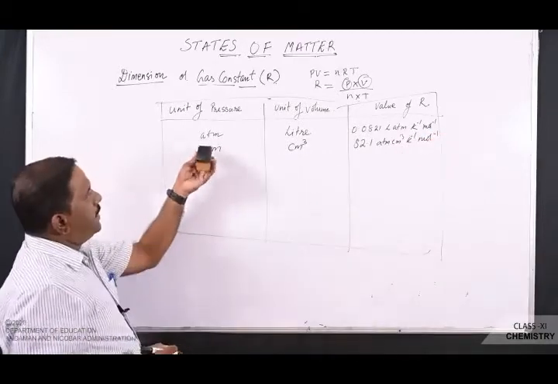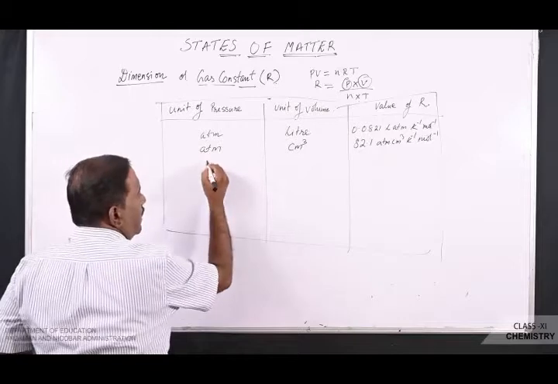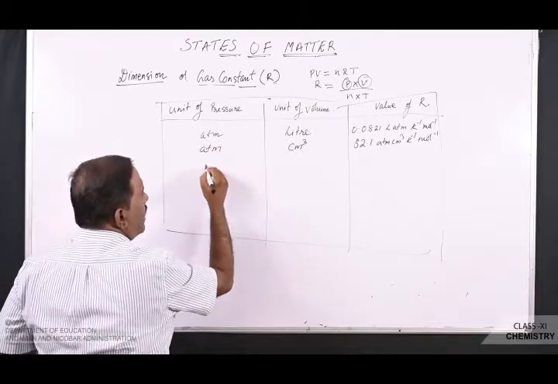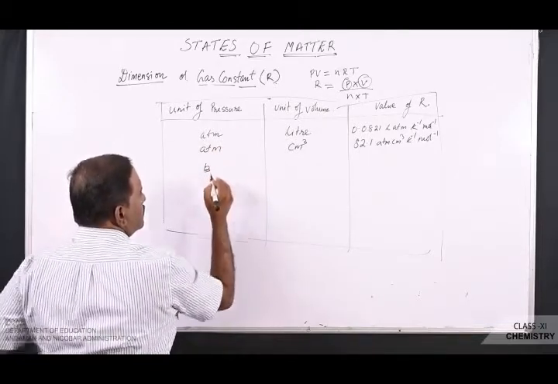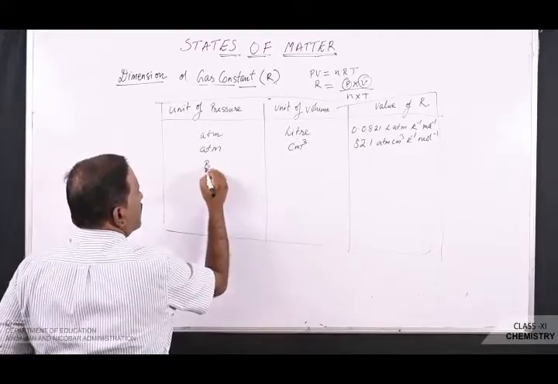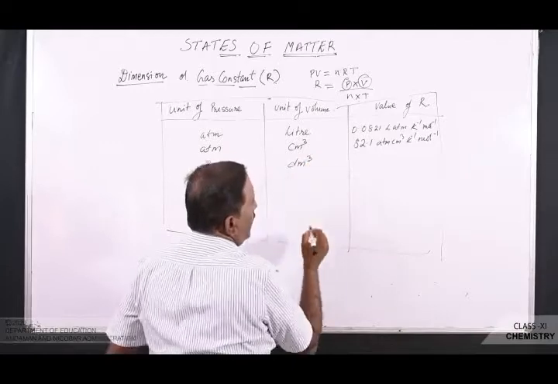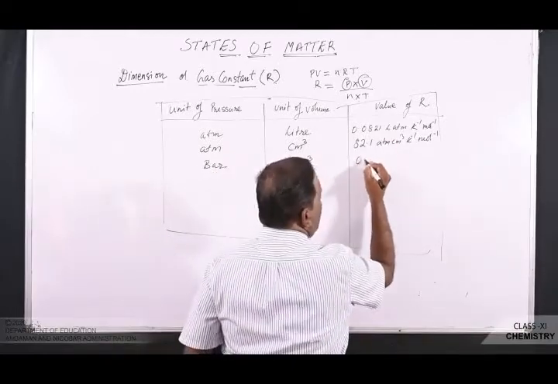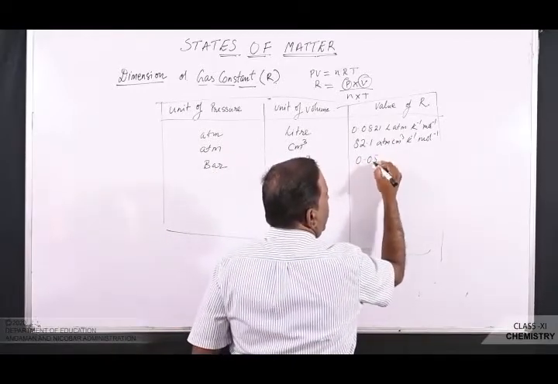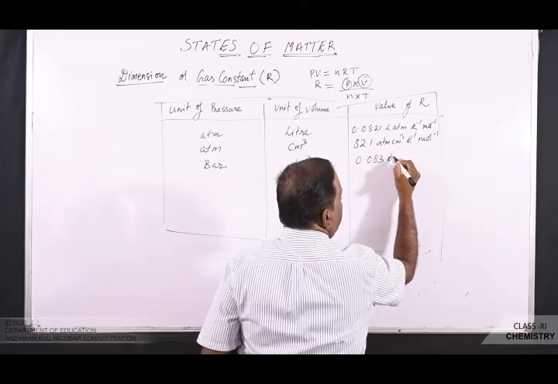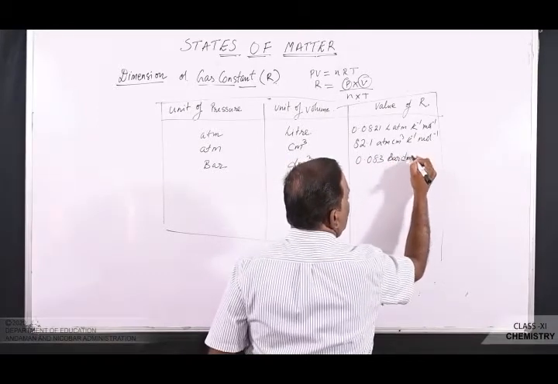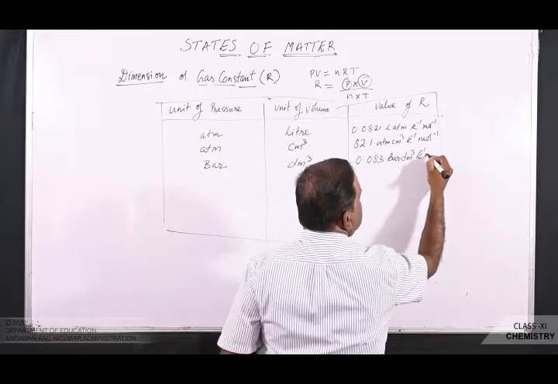Again, when the pressure is in bar and volume in decimeter cube, at the time the value is 0.083 bar decimeter cube K inverse mole inverse.